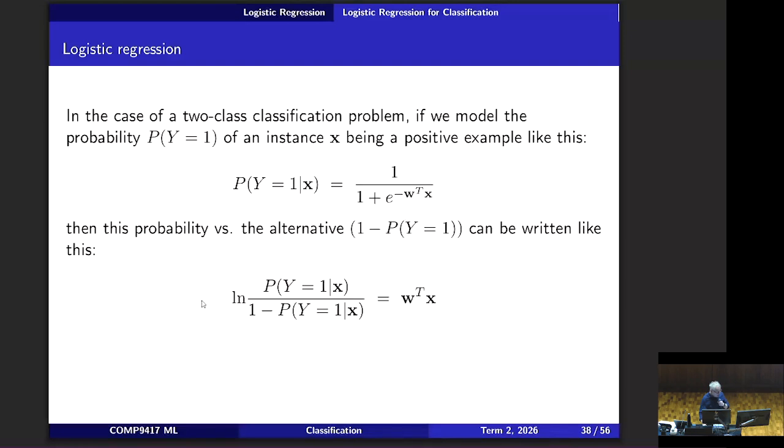It turns out that if we take the log of this thing, I mentioned this in last week's lecture, if we think of this as p, the alternative being 1 minus p, the ratio of p to 1 minus p, we called that last week the odds. And if we take the log of that expression, we release the linear model out of that thing.